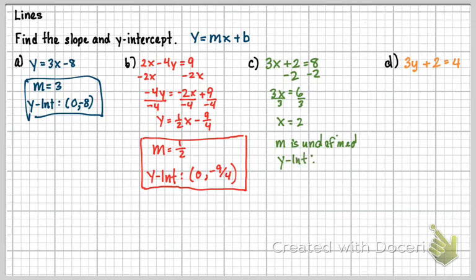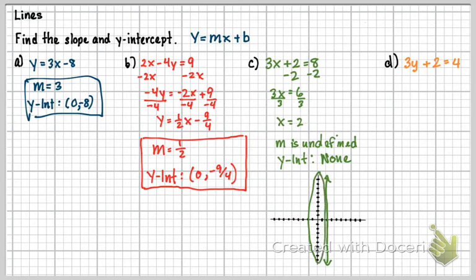is, now this is where I kind of have to understand the graph to actually get these answers. If I have x equals 2, I'm just going to draw my line in there. And I can see that the m is undefined. And I can also see that my y-intercept, I have none, because I never cross the y-axis.